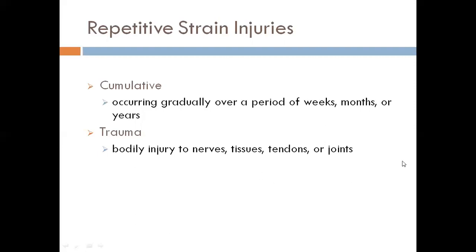Due to this, the nervous system, joints, and tissues will be affected. Disorder: physical ailments or abnormal condition. So these are the problems that occur due to repetitive strain injuries.